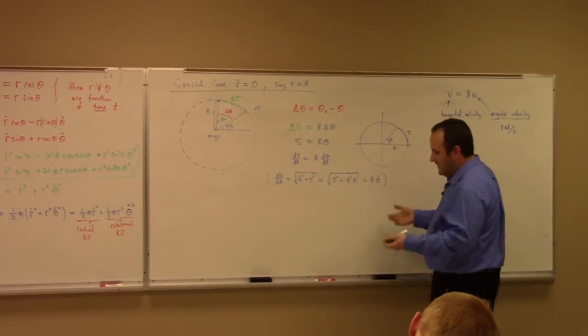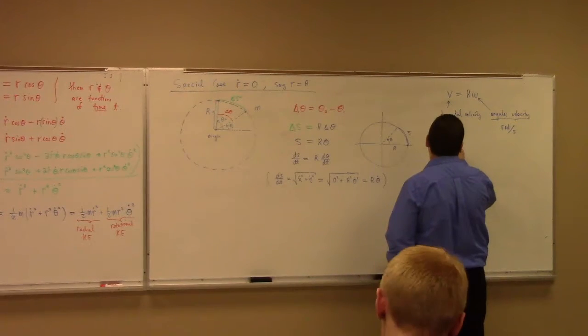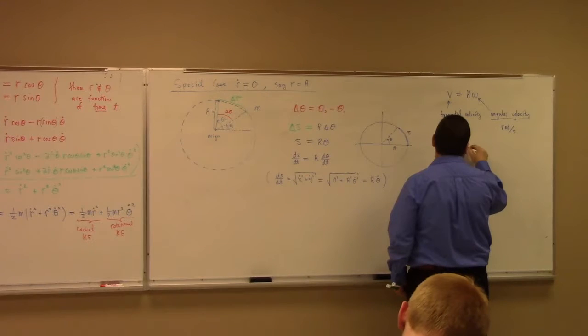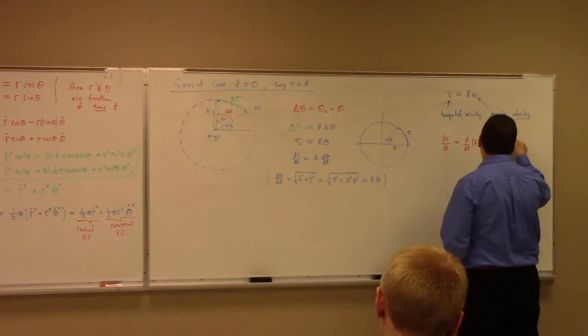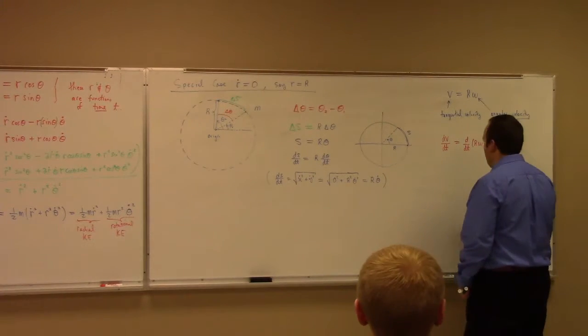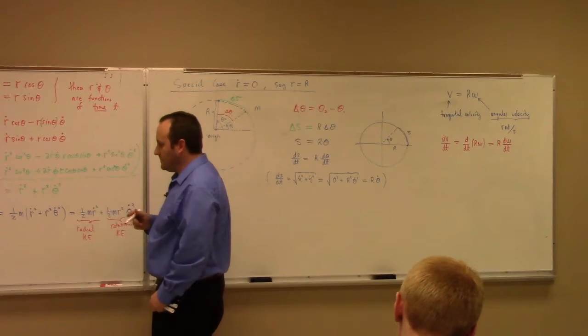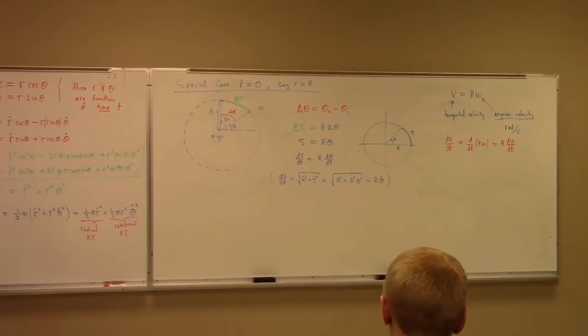So what happens if we differentiate again? dv dt is equal to d dt of r omega, which is r times d omega dt. By the way, that's where it gets interesting if you continue the discussion we were having over here.